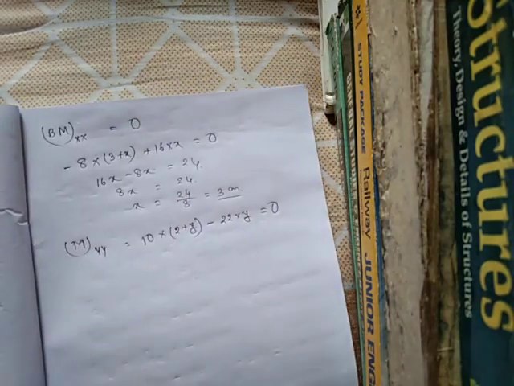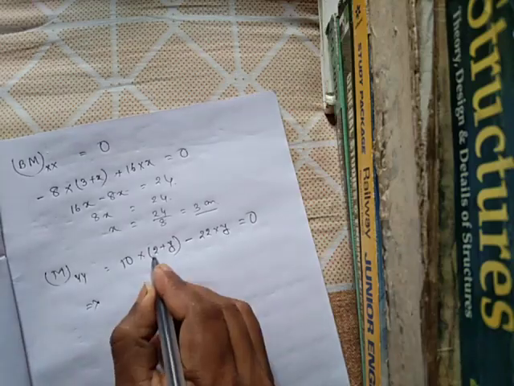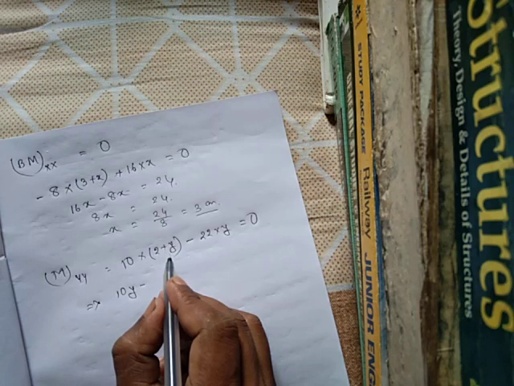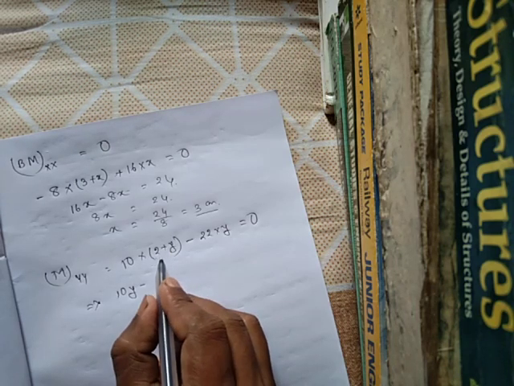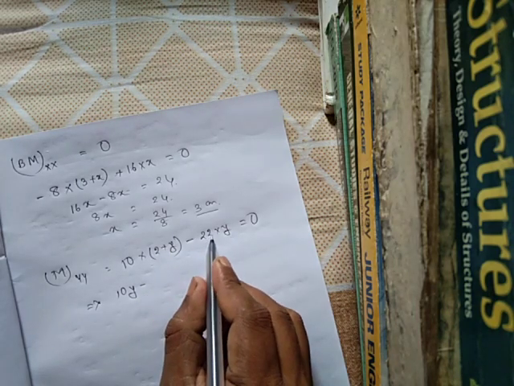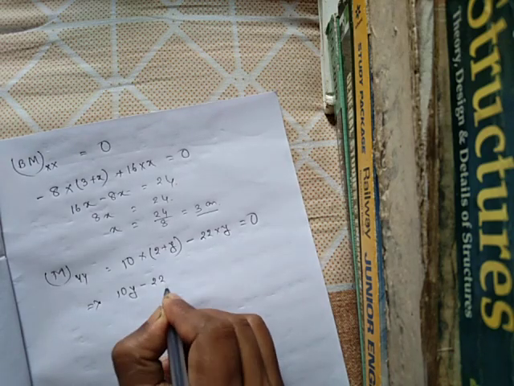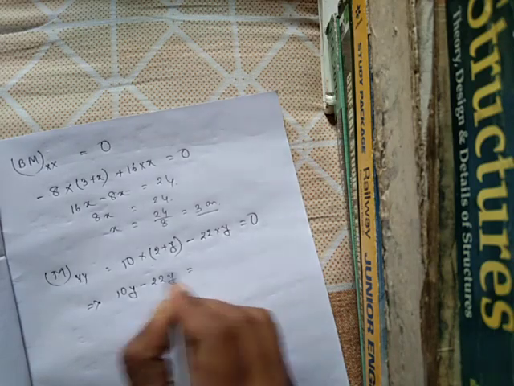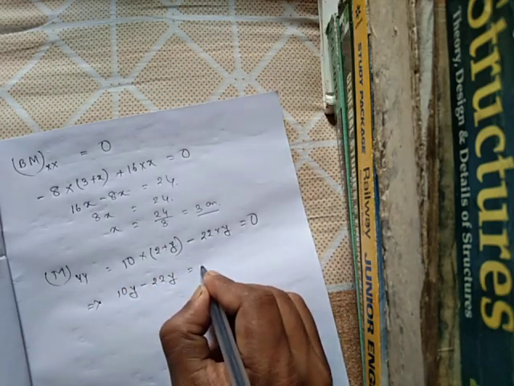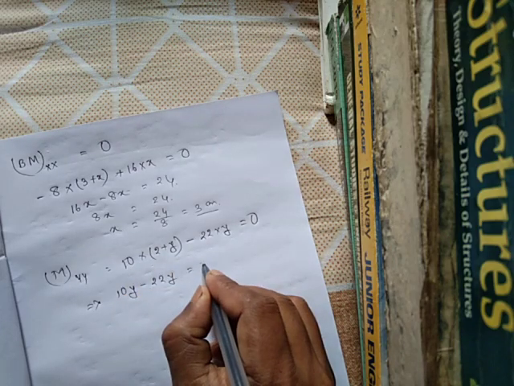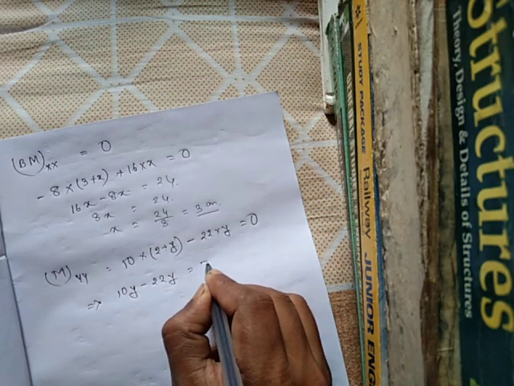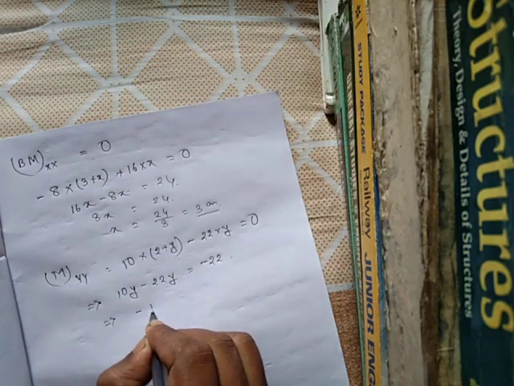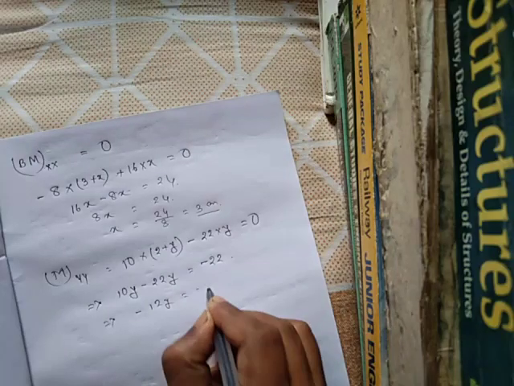Now find the value of y. It will be 10 into 2 plus 10y minus 22y equals 0, so minus 12y equals minus 20.